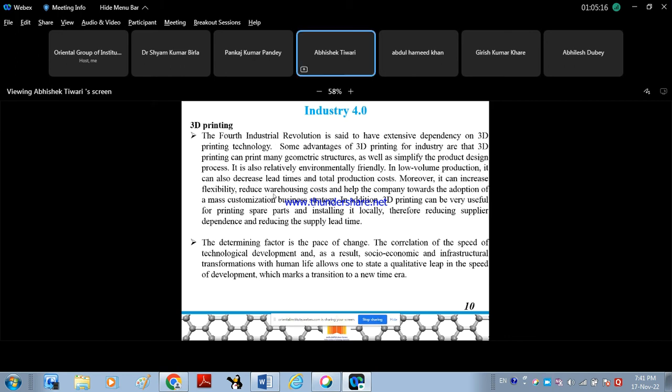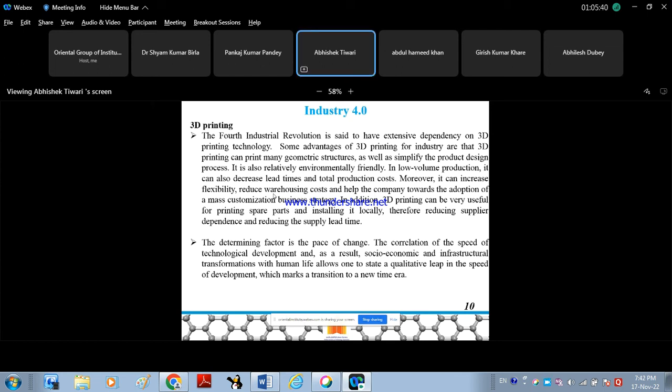Now, what is the role of 3D printing in Industry 4.0? So, the fourth industrial revolution is said to have extensive dependency on 3D printing technology. Some advantages of 3D printing for industry are that it can print many geometric structures as well as simplify the product design process.